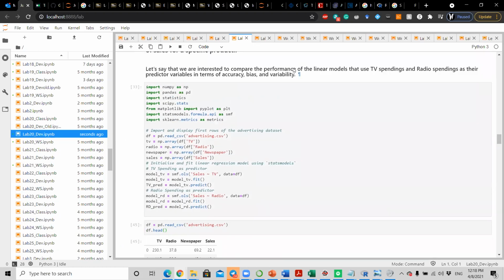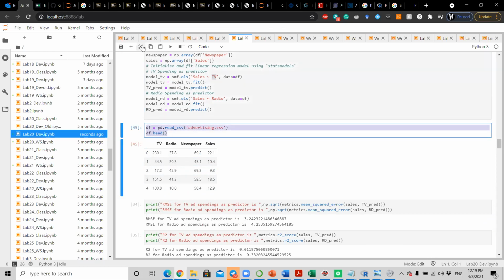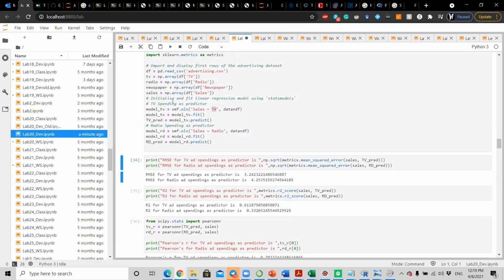So the question is asking us about linear models that use TV spendings and radio spending as their predictor variables, and they are going to predict or use sales as the output. So this is going to be my Y, and this is going to be my X for my first model. That's why I put sales tilde TV. Did you get your answer? Yes, I suppose.